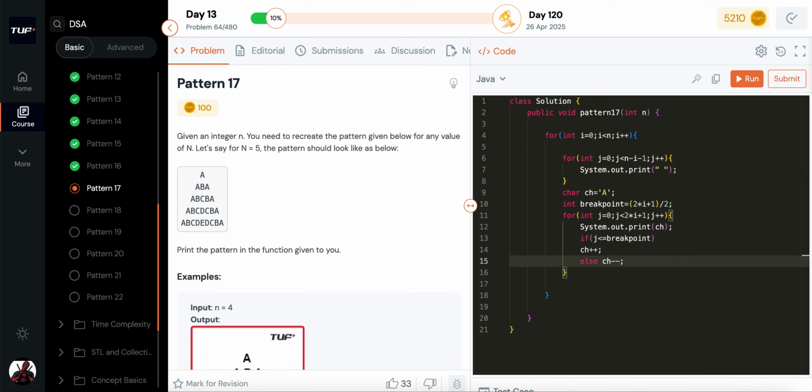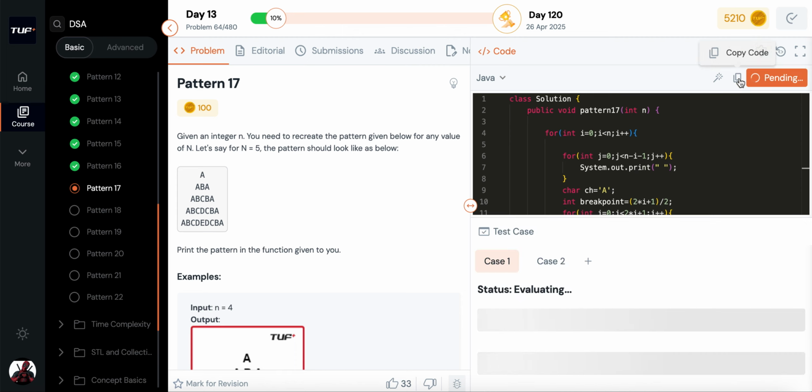That way we would have printed everything. So within this for loop we have printed the spaces, and within this for loop we have printed the characters, and after every exit of for, we should print a new line. I think this should solve the problem.